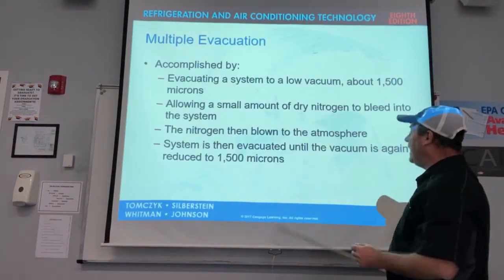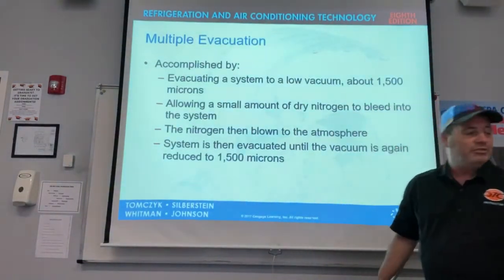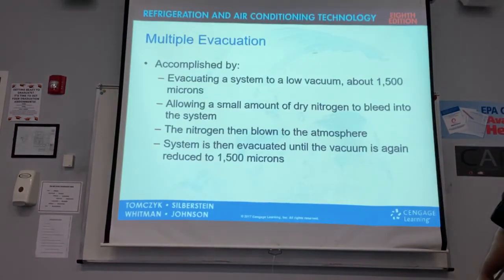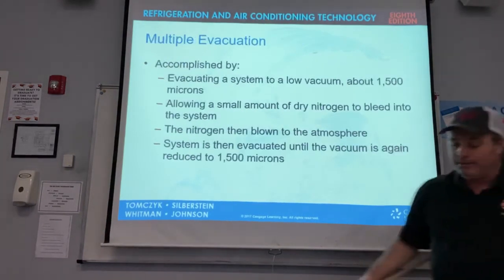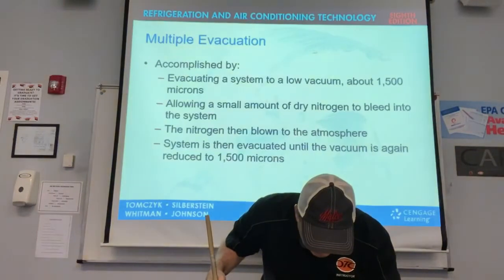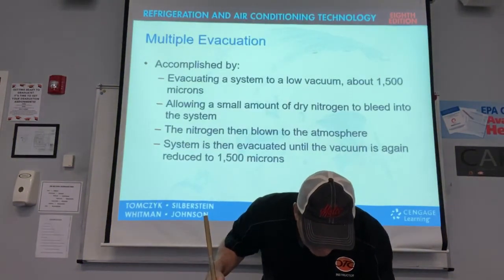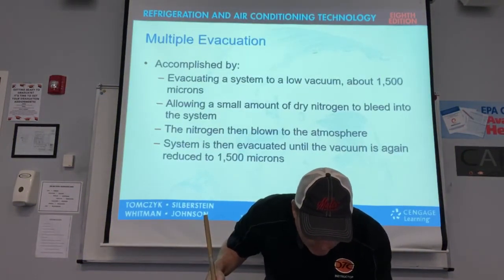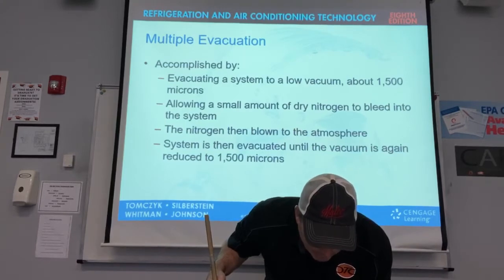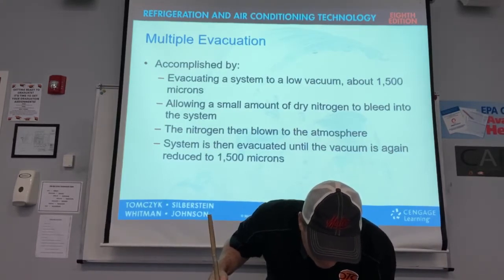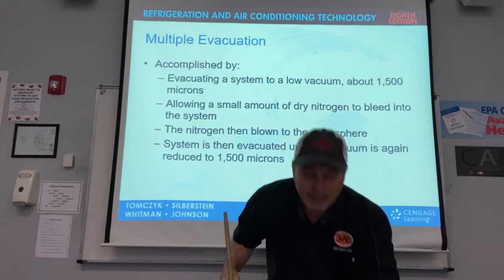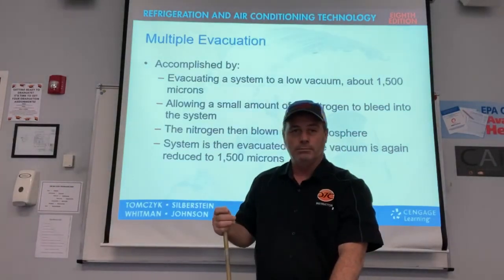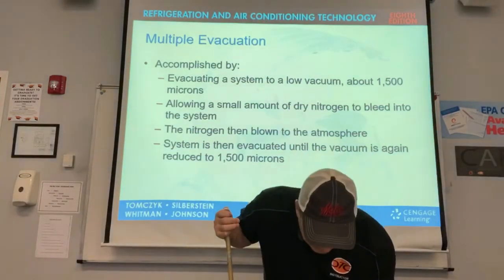Then you run it again and reduce it to 1500 microns. And once again, you bleed it with some nitrogen. Then you go down after the third time to about 500 microns. And you let it hold for 15 to 20 minutes.